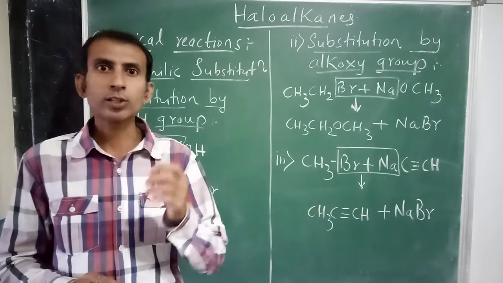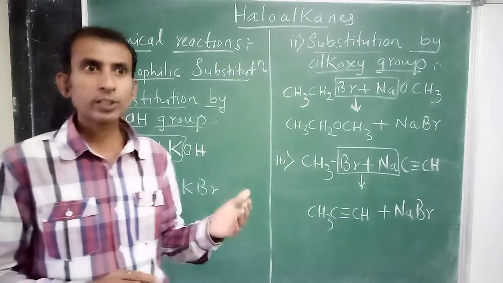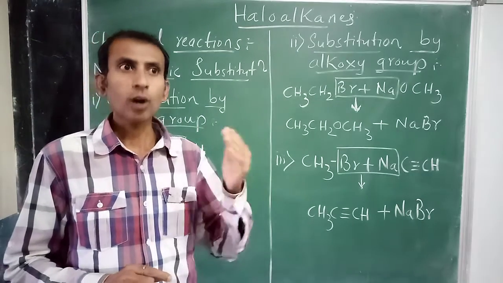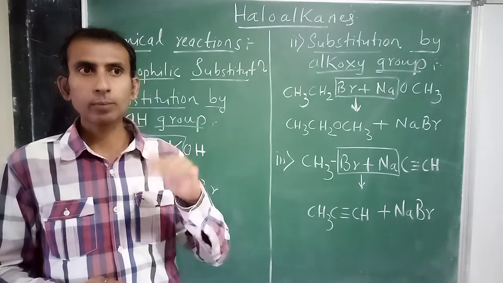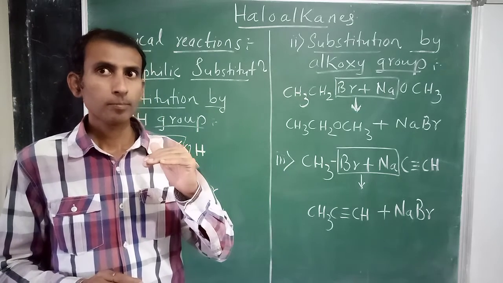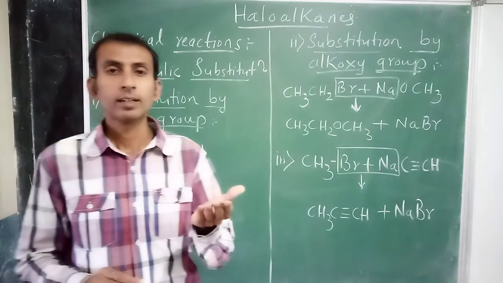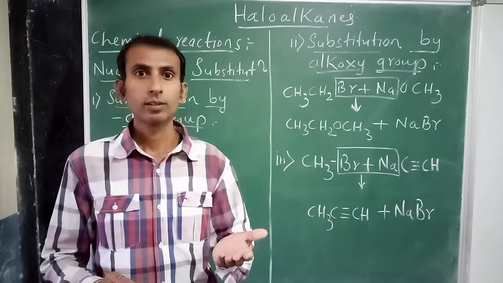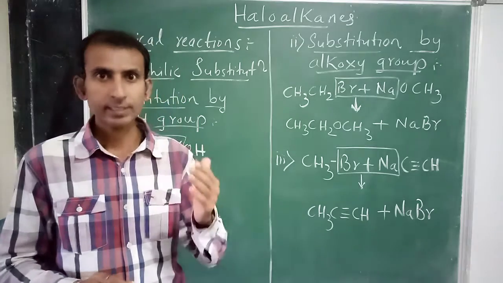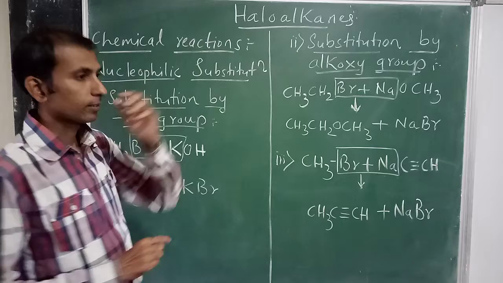Now we will see reactions where this halogen in haloalkanes will be substituted by a stronger nucleophile. Only a stronger nucleophile can substitute a weaker nucleophile, that is halogen, in haloalkanes.